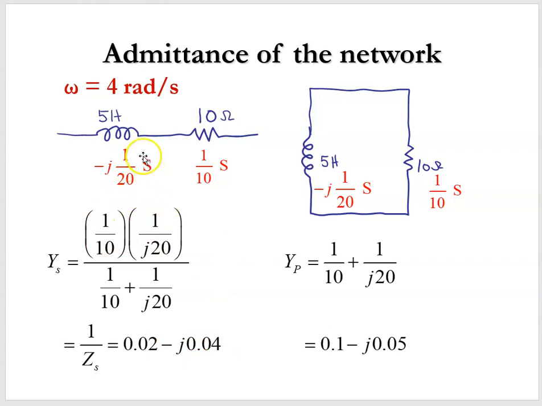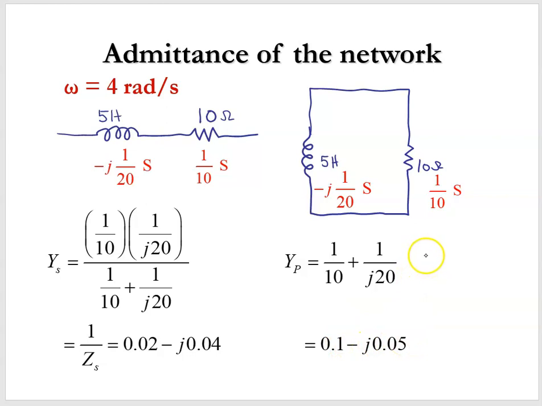Then when we look at the two in parallel, we combine like impedances. We can prove that this is also equal to 1 over our series impedance. But in parallel, all we have to do is add the admittances. So that's 1/10 plus 1 over j20, or 0.1 minus j0.05.